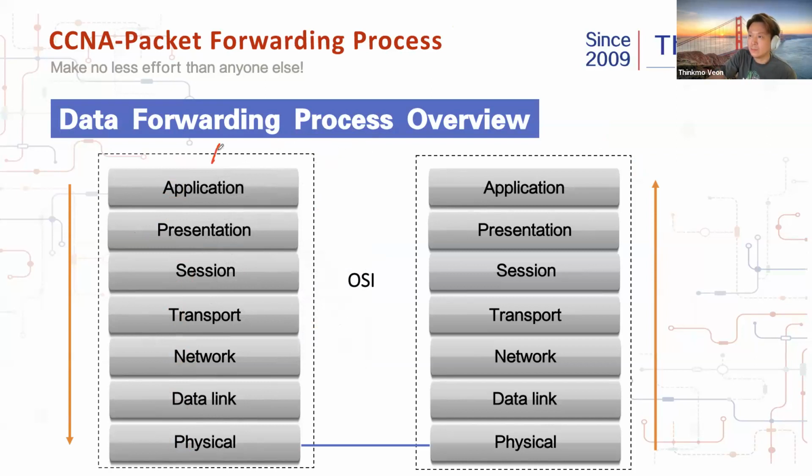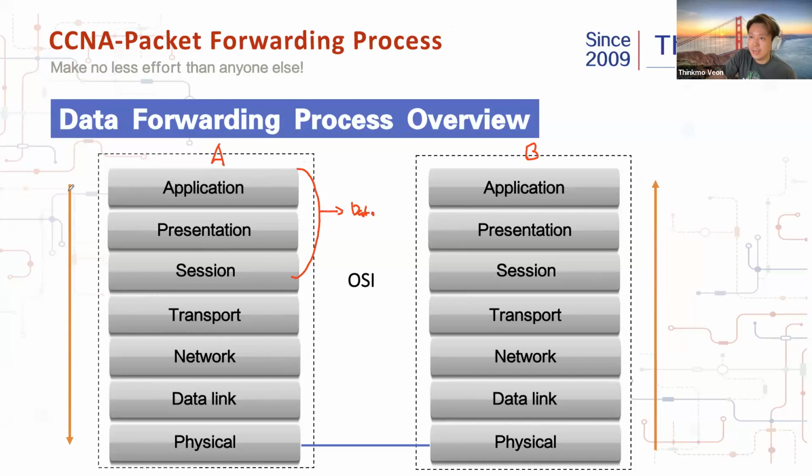As I mentioned, this one is host A and this one is host B. Let's say host A is going to send a message to host B. The data packet will be sent out from the application layer. The session layer, presentation layer, and application layer are combined as application data.